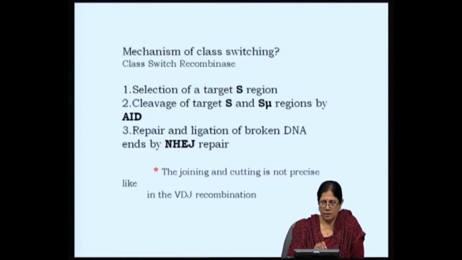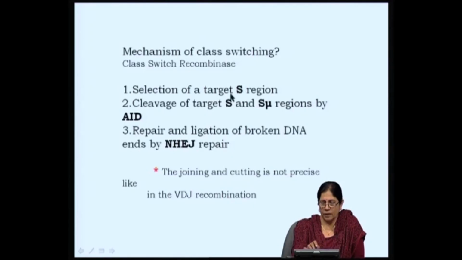While VDJ recombination is very specific, with recognition of specific sequences on the DNA, recombination for class switching is a little bit more imprecise. Let us look at the events that take place when class switching happens.